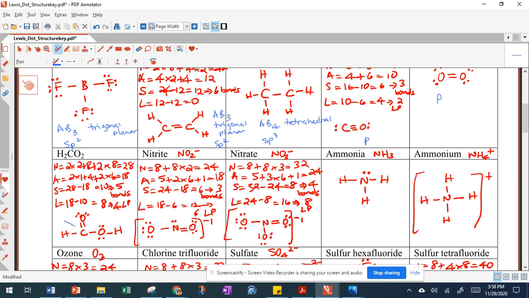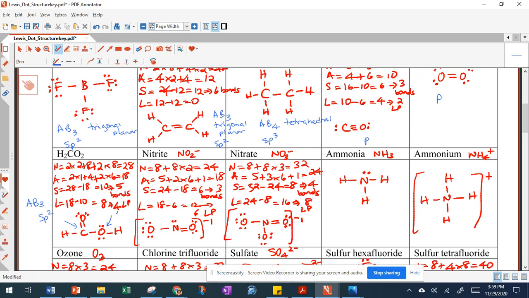Carbon itself would be sp2, because you'd have an AB3 notation, which is trigonal planar, and then sp2 hybridization.